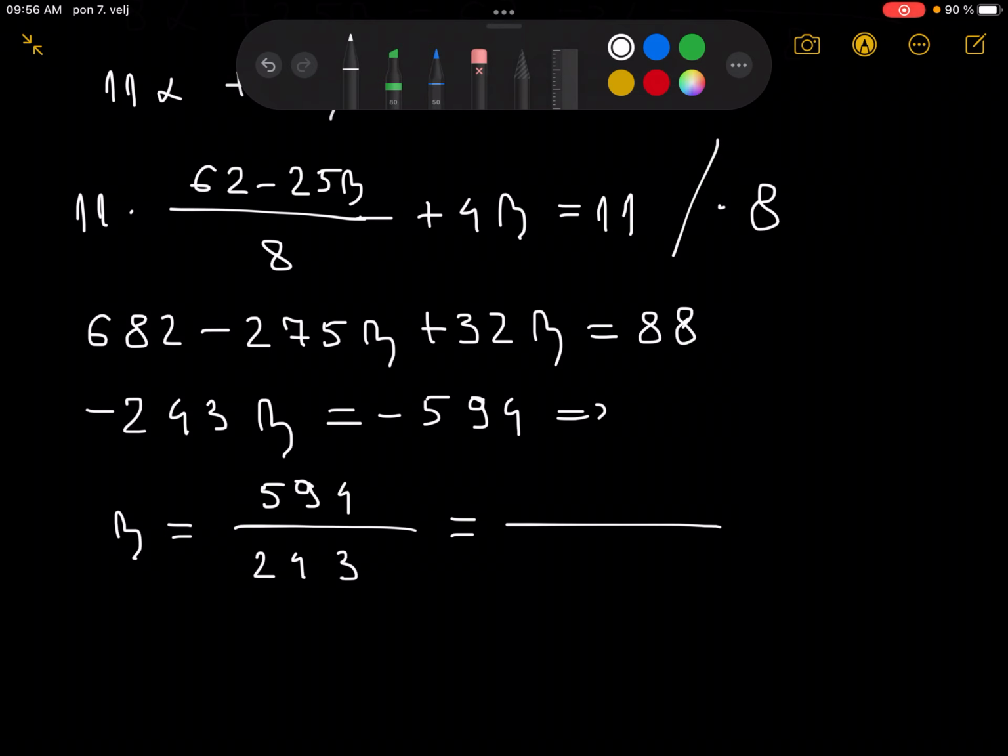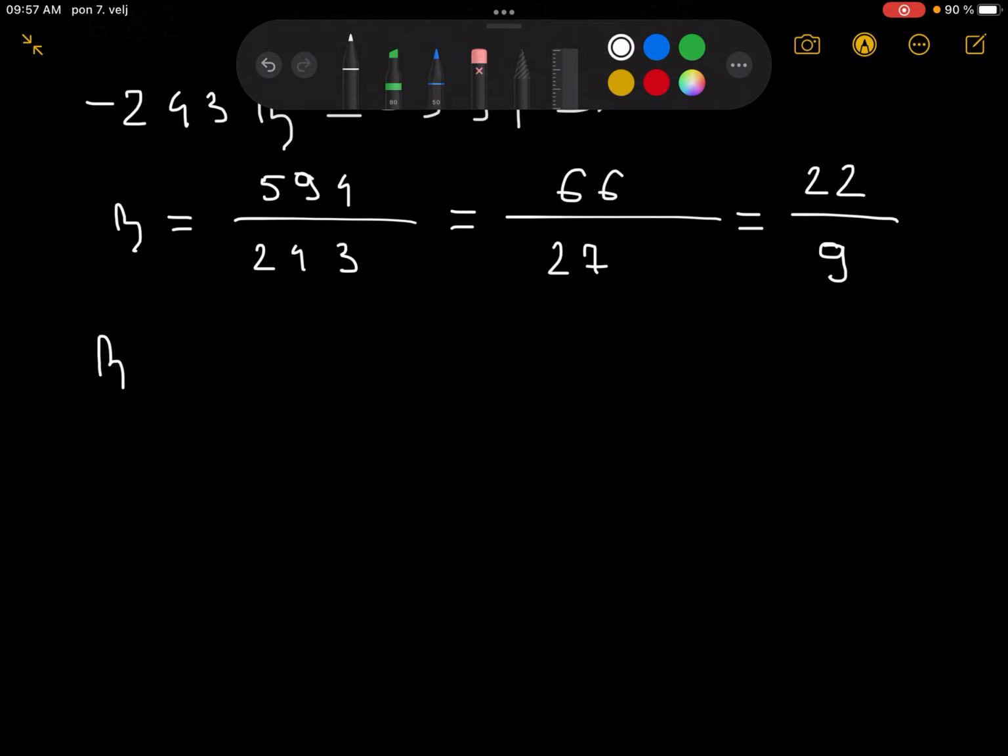Now let's simplify this a little bit further. Both of them are still divisible by 3, so we'll get 22 over 9. Okay, so in other words, beta is equal to 22 over 9.